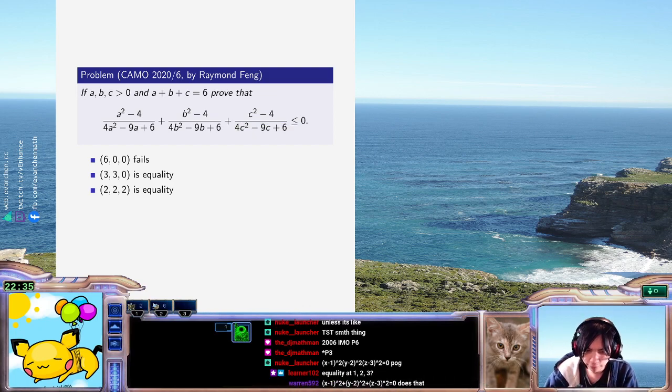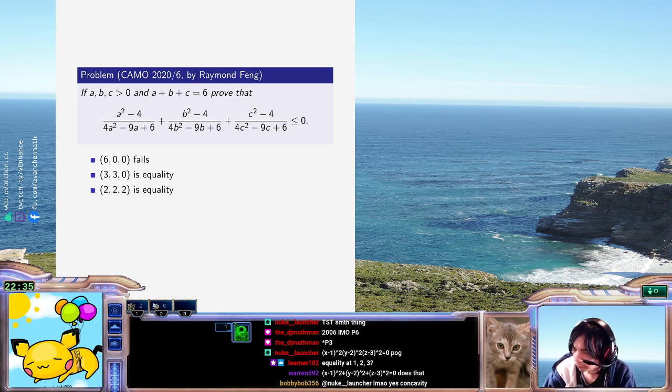So a squared minus 4 over 2a. Yeah, so tangent line will never work.